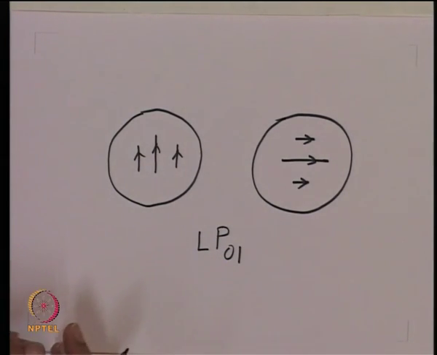So, for LP11 mode we have a degeneracy by a factor of 4, whereas for LP01 mode we have a degeneracy of a factor of 2, because essentially we have two orthogonal polarizations which are going to propagate in the form of LP01 distribution.